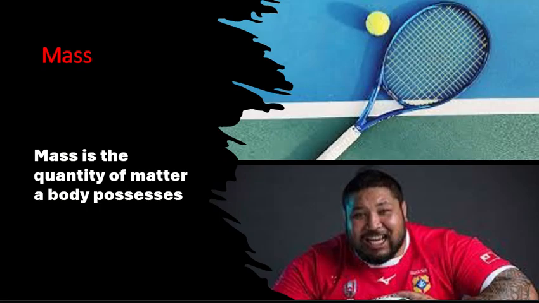Moving on to mass. Mass is the quantity of matter that a body possesses. Mass can have both positive and negative effects on performance, with the performer's body mass, or equipment and what kind of mass that their equipment has.